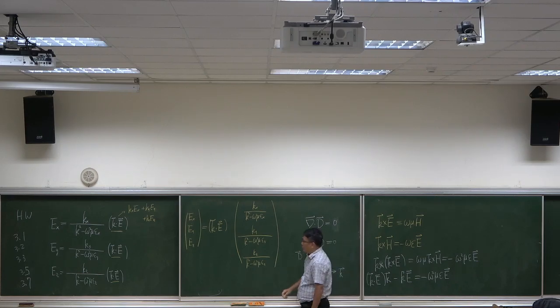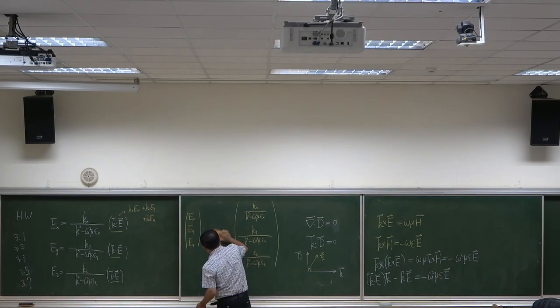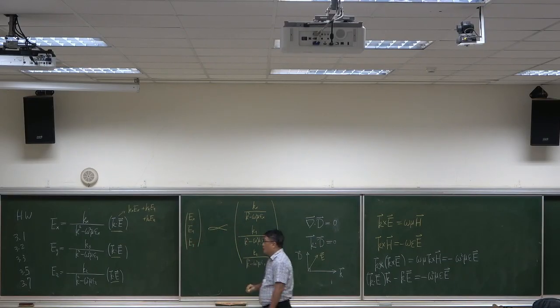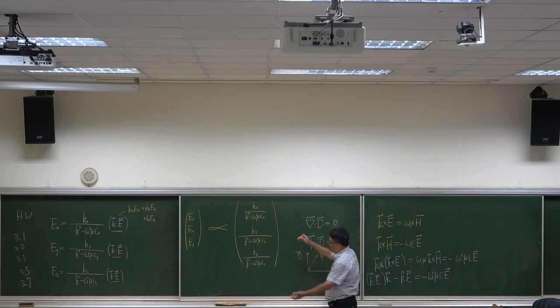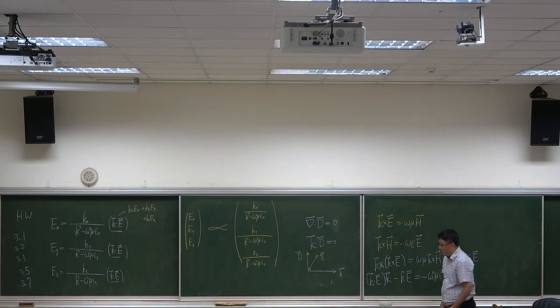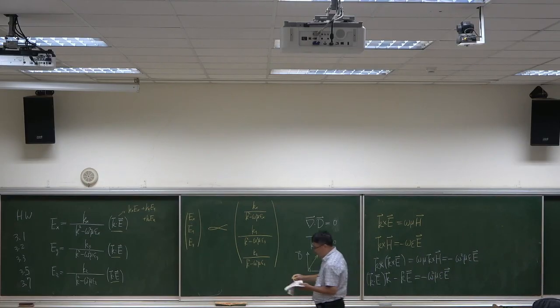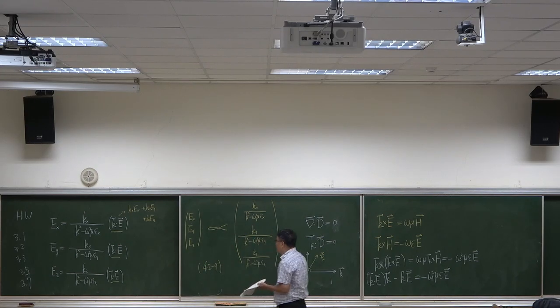Since in general k dot E is not equal to 0, we get the result that the E vector is proportional to this. So you can use this to represent the polarization of the E vector. This is just the result listed in the textbook, 4.2-9.